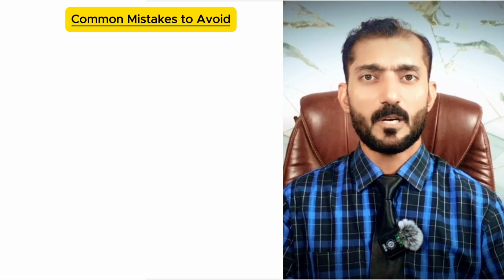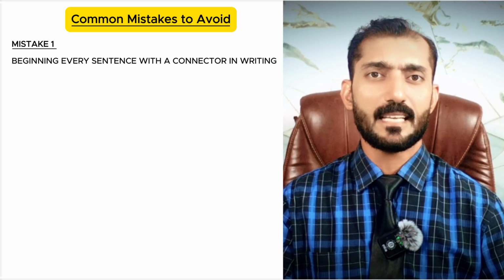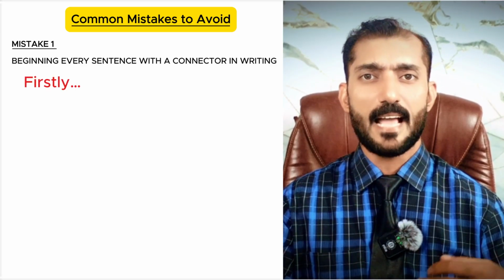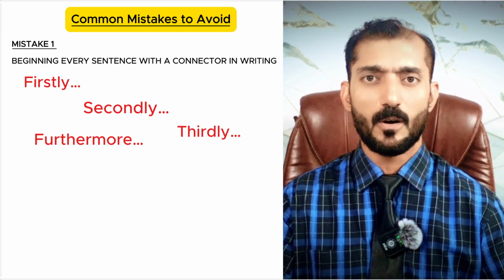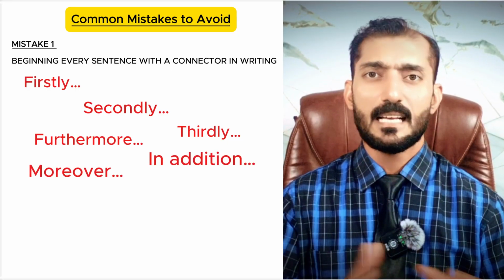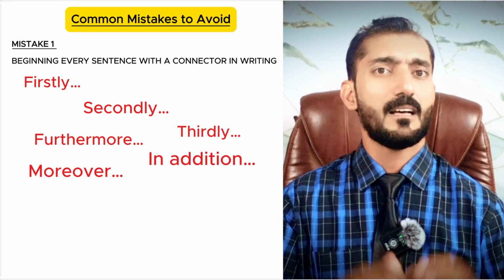Before we conclude this lecture, let me give you the top mistakes I see every day from students, even those who are otherwise quite good at English. Mistake number 1 is starting every sentence with firstly, secondly, thirdly, furthermore, in addition, moreover. This looks mechanical.